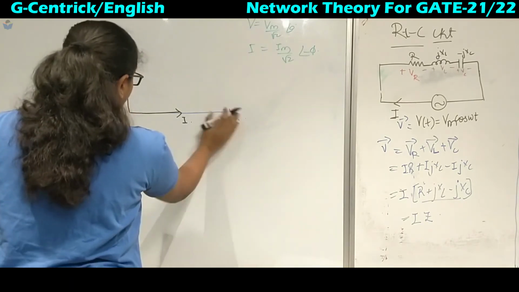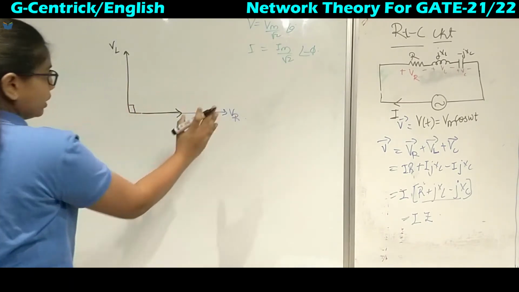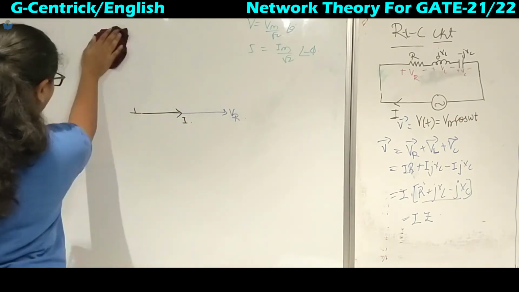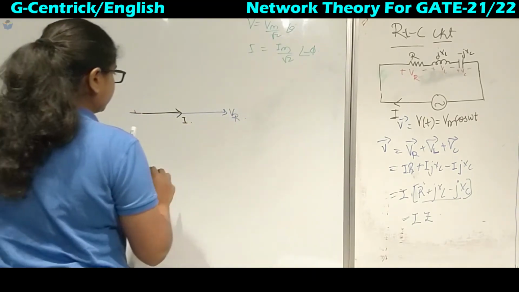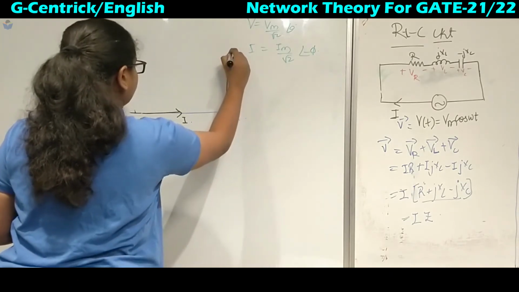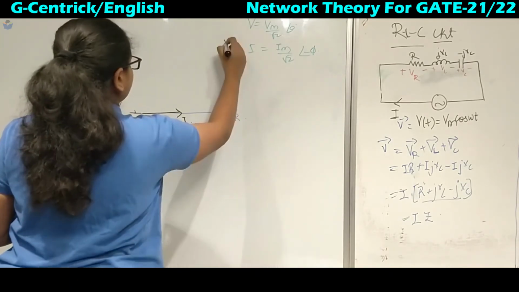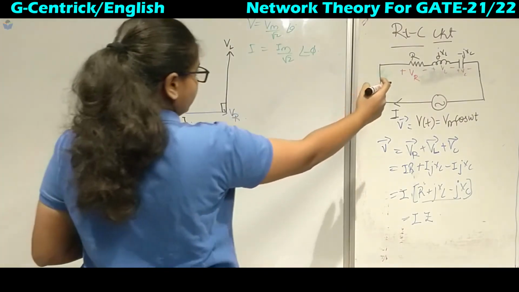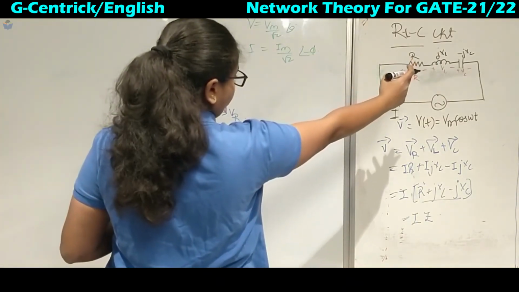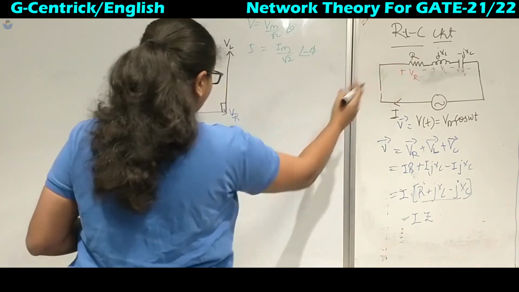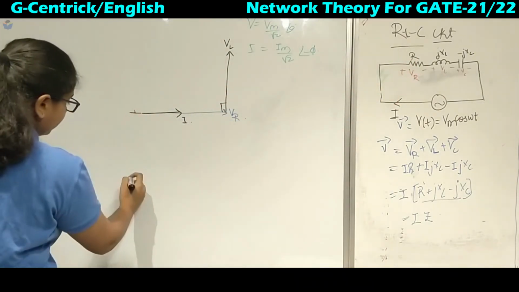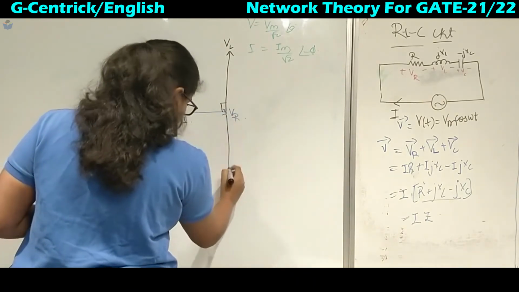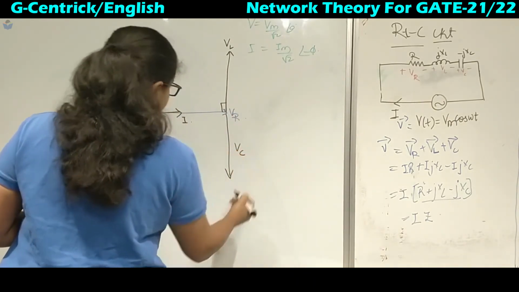So VL will be plus 90 degree, but for the vector addition we will shift this over to this side with the same angle. So this is VL. Now VC: what will happen to the current? It will be leading. With respect to voltage it will come here, but for the sake of vector addition we will take it here, that is VC.